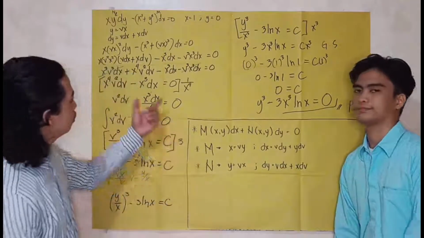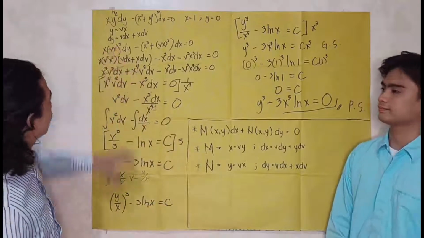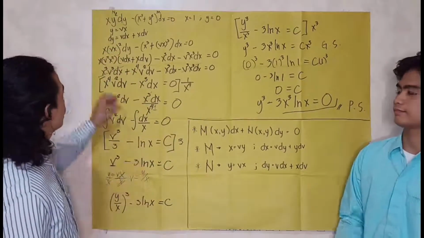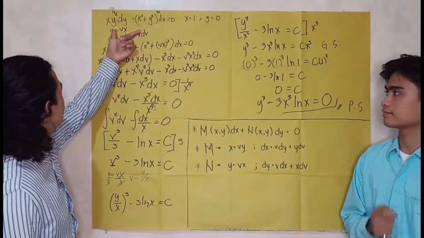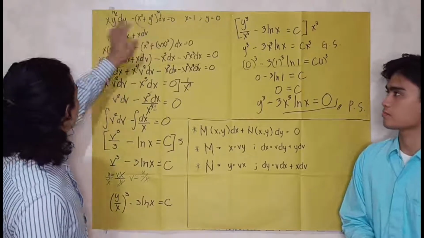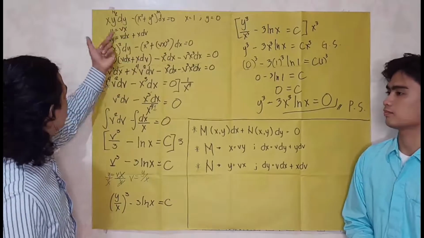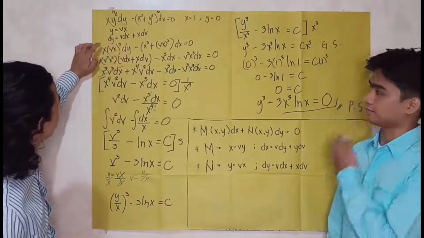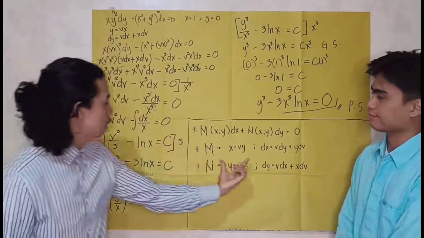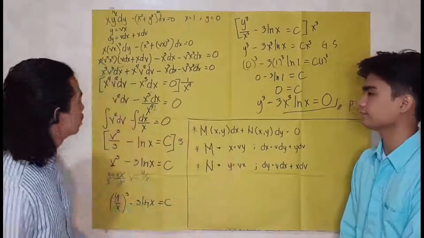Okay. So, dito muna, recap tayo sa solution. Kailangan ma-determine natin kung ano yung mas simple sa equation, kung yung n or yung m. Once na nalaman na natin, pwede na tayong mag-substitute kung alin sa dalawa.